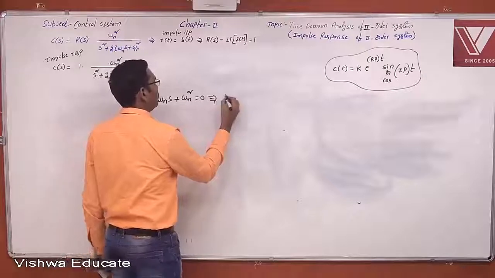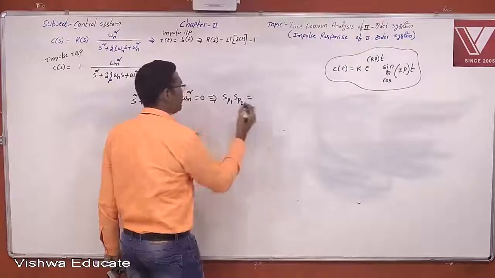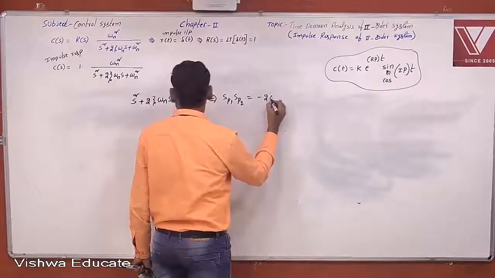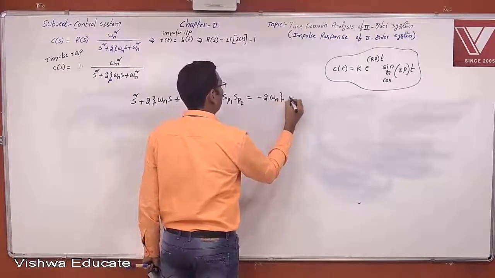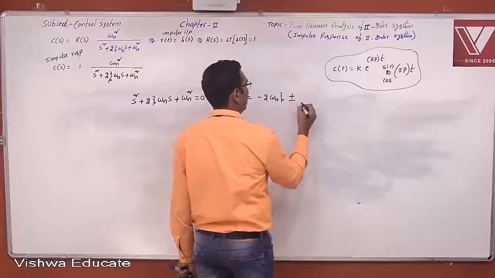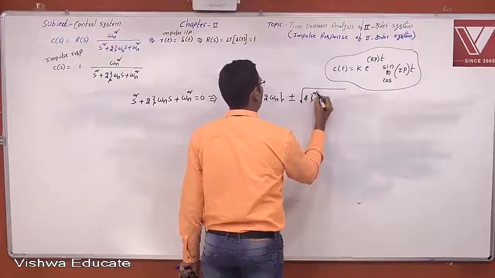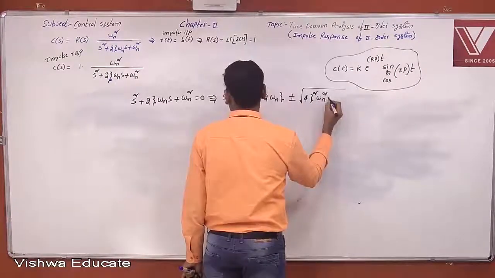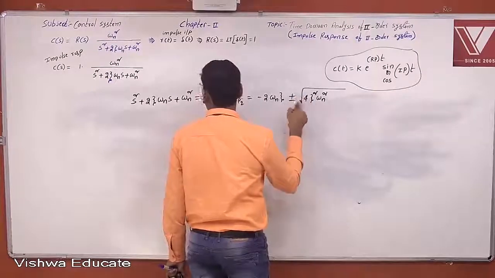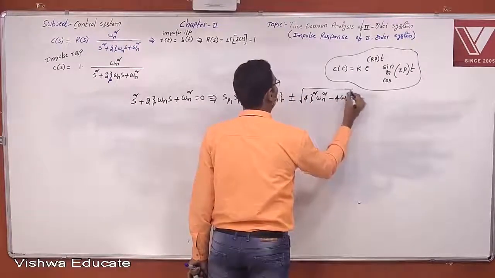Using the formula, s equals minus B plus or minus square root of B square minus 4AC, by 2A.